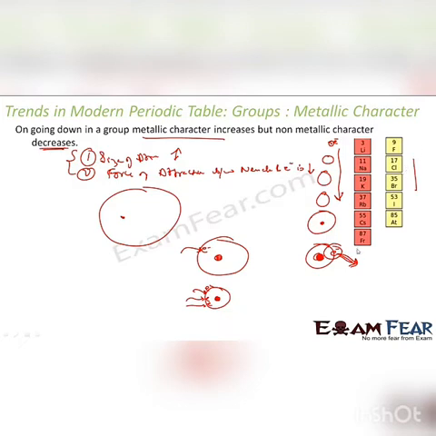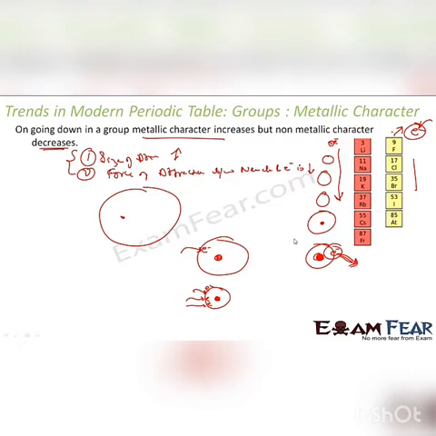But when I'm talking about the non-metals, I am concerned that this one never gives electrons. It always takes electrons, right? Correct? So in this case, since it is going big and the force of attraction is less, it loses its capacity to attract, right?